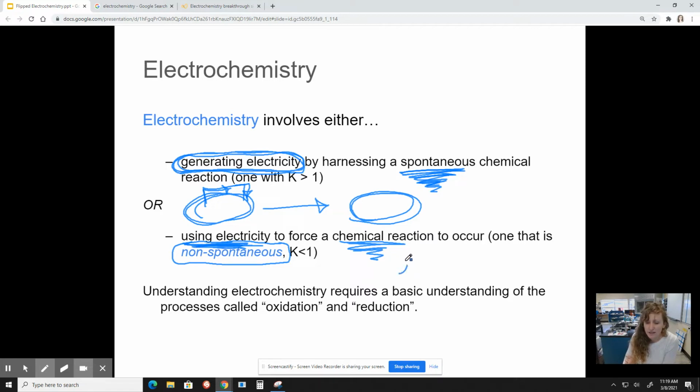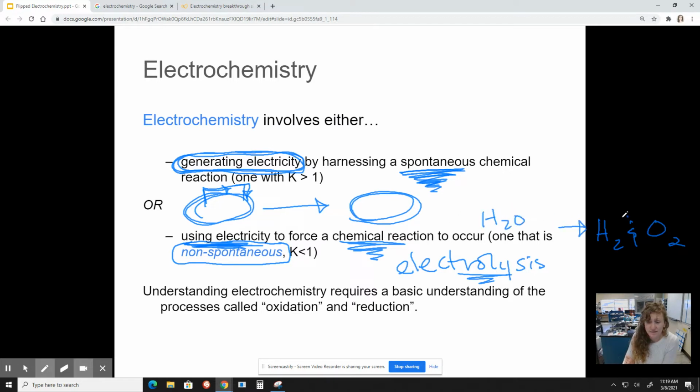Also, a lot of electrolysis is exactly that. If we are using electrolysis to split water into hydrogen and oxygen, right? That's a non-spontaneous reaction.